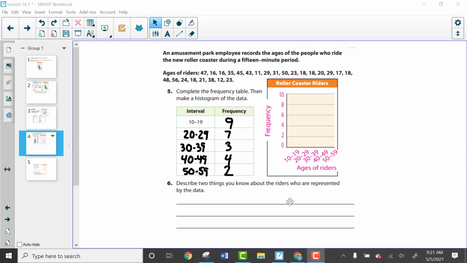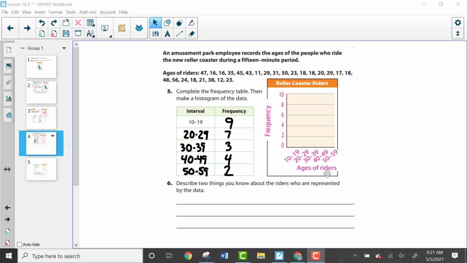And then now the next step is you're going to complete the histogram. Okay, so start labeling the different sides, and I have it for you on the right side of the screen here. So you can see, remember that the horizontal axis will always have the intervals. You can see 10 to 19, 20 to 29, and so on.